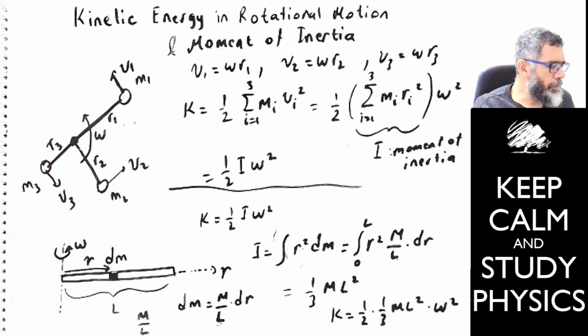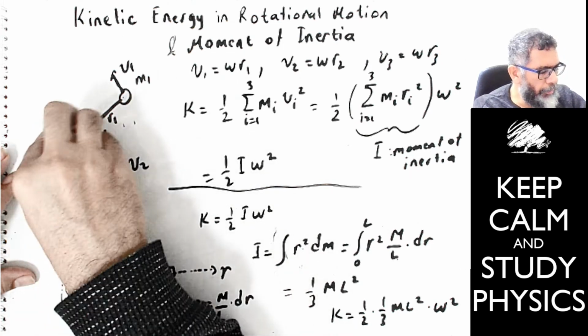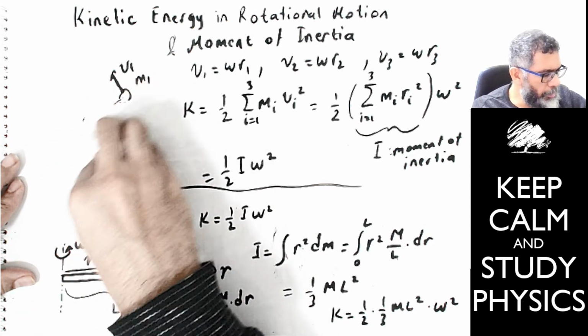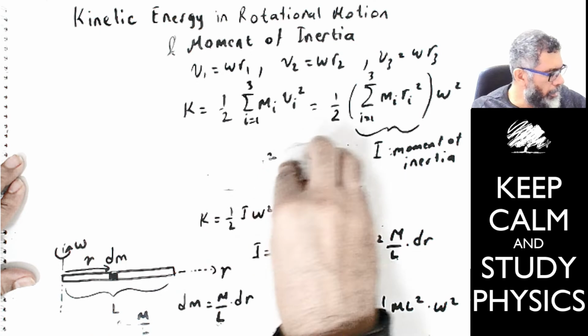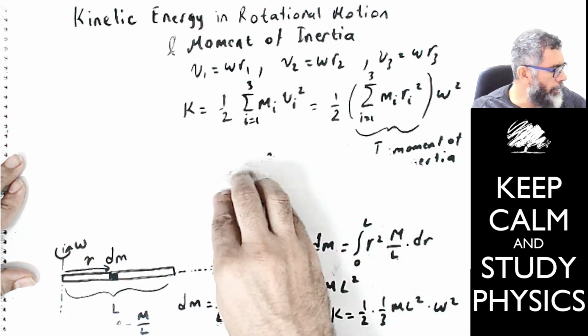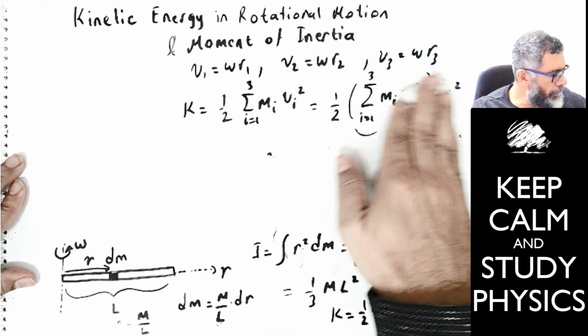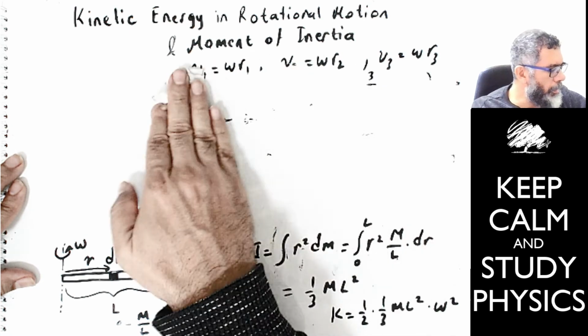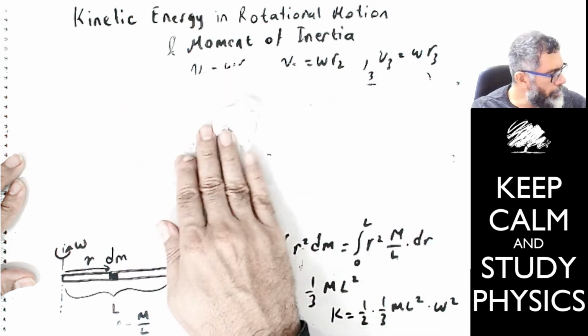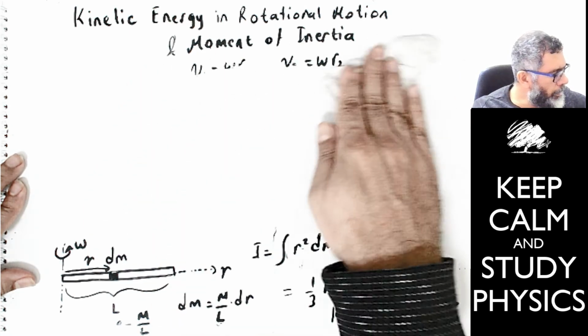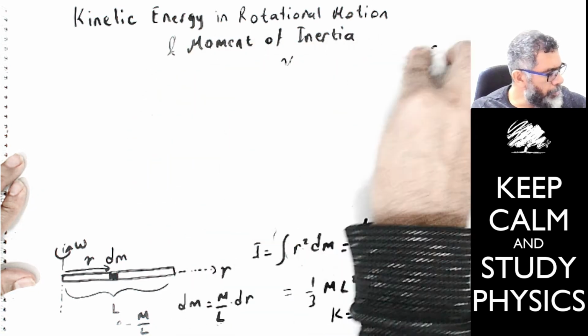And of course, there are many different regular shapes like discs, wheels, cylinders, spheres, hollow spheres, solid spheres, etc. They're all distributed masses, and they all have different moments of inertia.